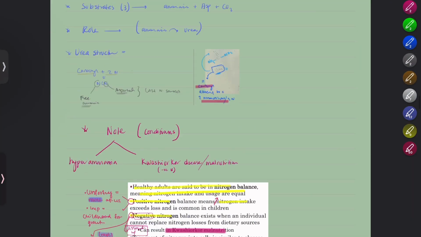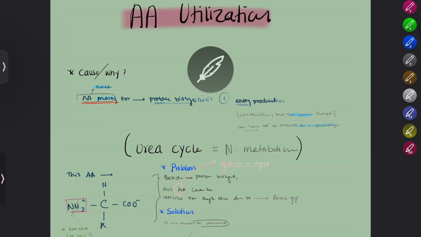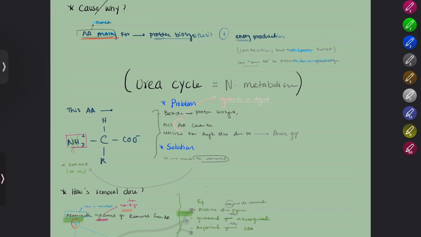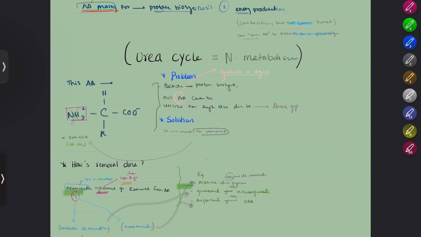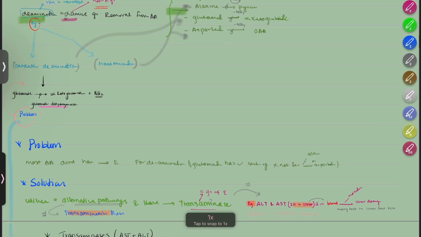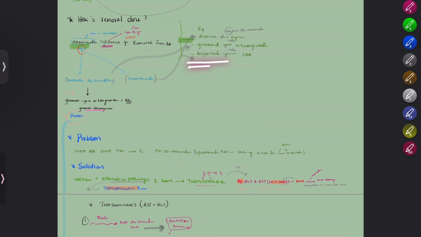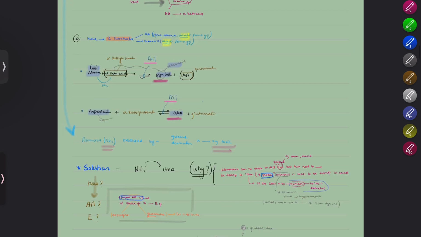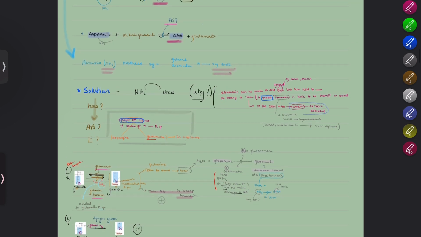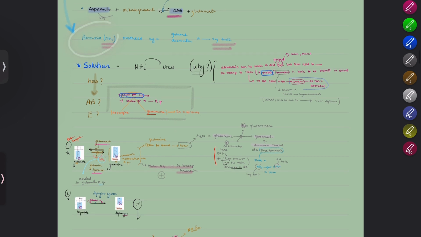Let's do a very quick recap. We started off by mentioning why we need to deaminate any amino acid in order for it to be utilized, and we talked about the process of deamination, whether by oxidative deamination or the transamination reaction, depending on which amino acid we're actually using. Then we talked about the problem presented by the oxidative deamination of glutamate due to the excess ammonia.